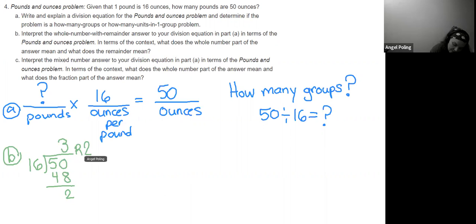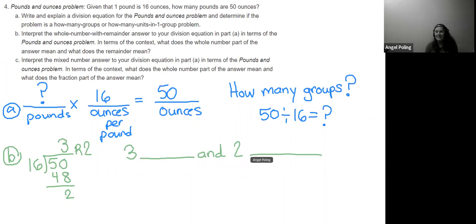So they want to know, what does the 3 mean? And what does the 2 mean? So saying we have 3 remainder 2, what are we saying? Pounds, ounces, what's going on here, right?